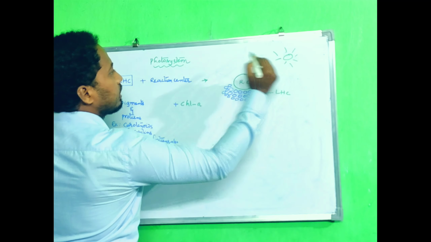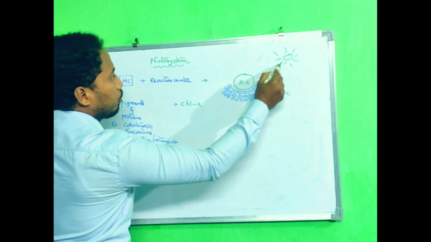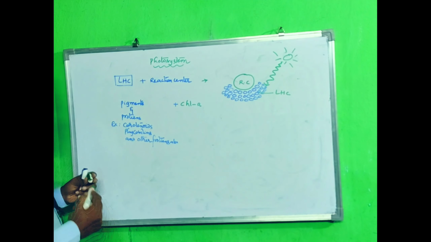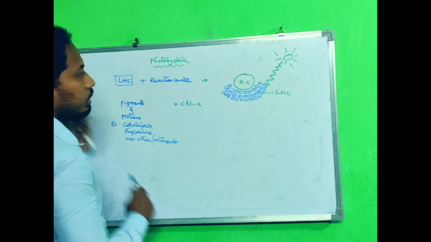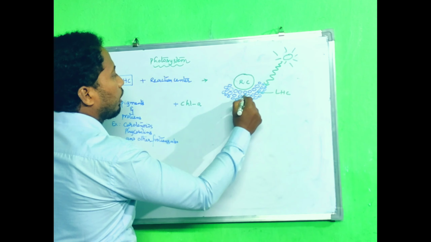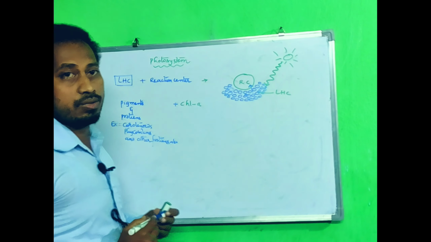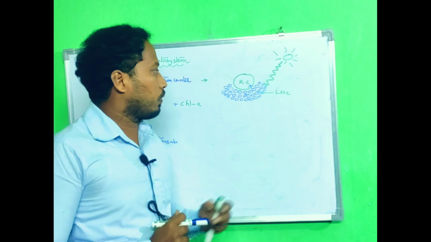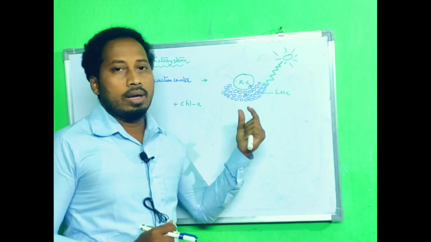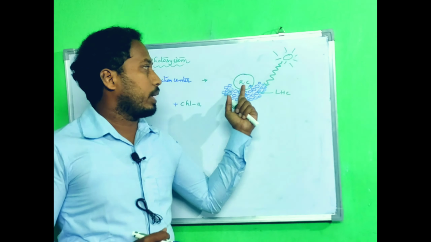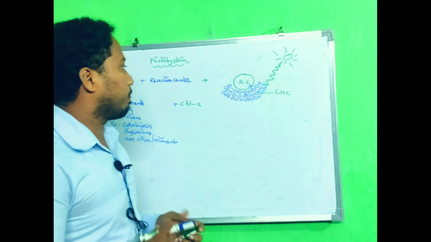When light is illuminating, when light falls down here, light will travel to the reaction center. This is actually the process of light energy absorbing.